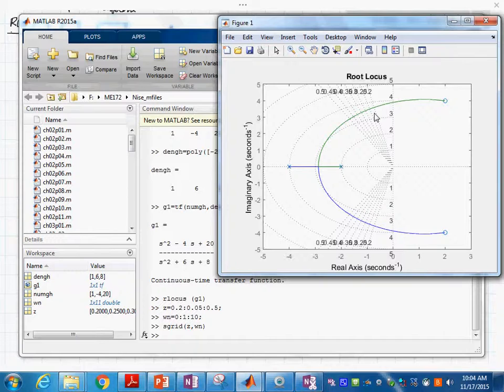So in here, we would like to define the... okay, so we have the root locus over there. Let's see if we do a close-up of this and we define the axis.